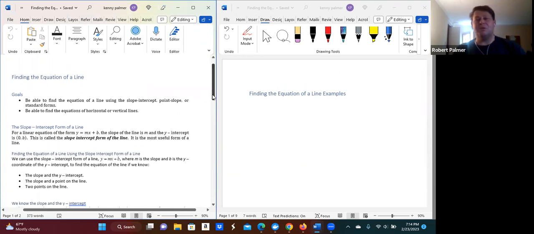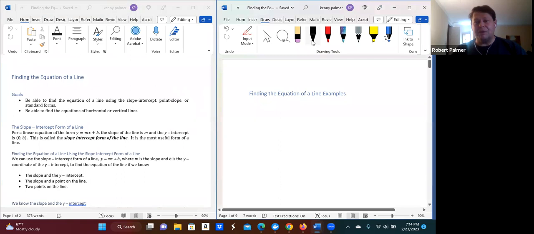Now, actually, before we get there, let's mention briefly an important distinction. Here we're talking about linear functions.